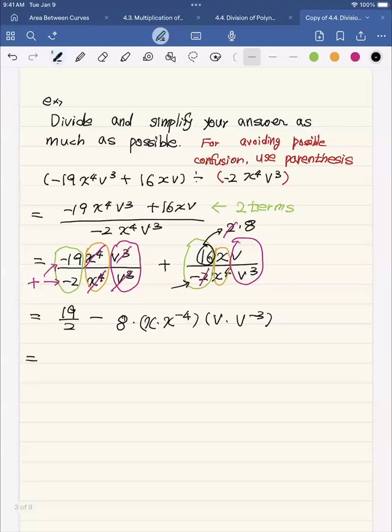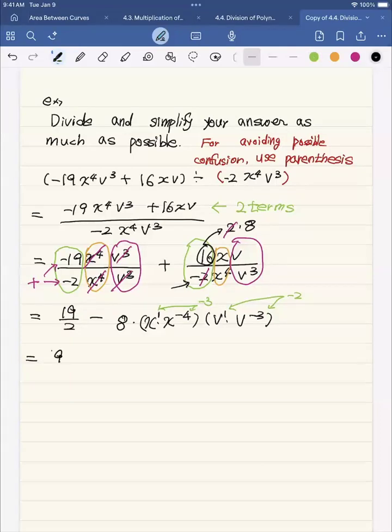So what you have to notice is x is actually x to the 1 power, v is v to the 1 power. So when we add those powers, we get minus 3 for x and minus 2 for v.